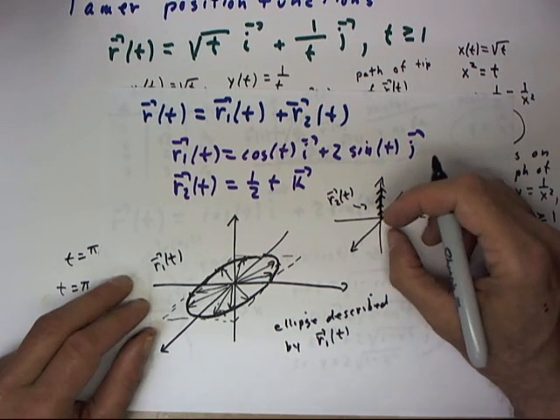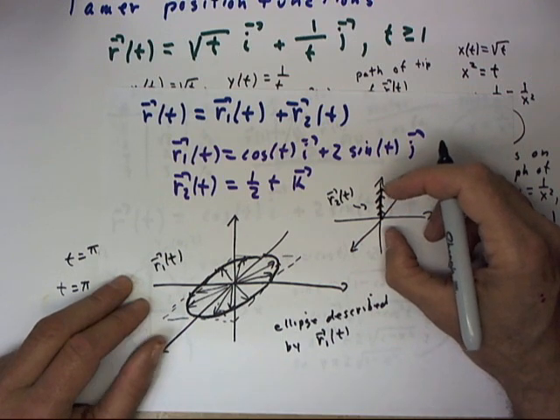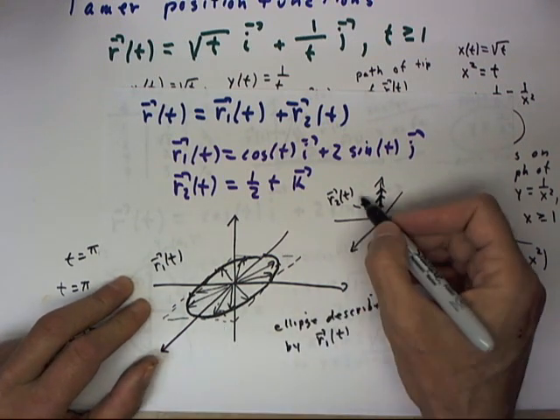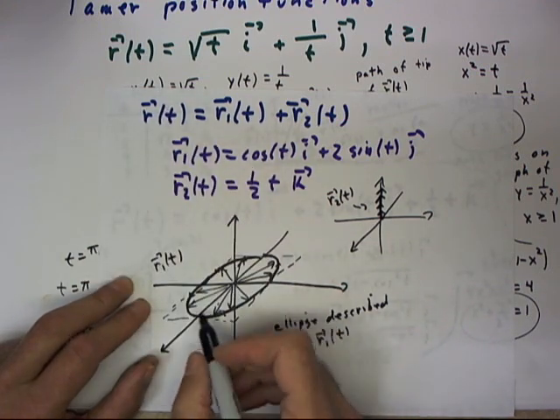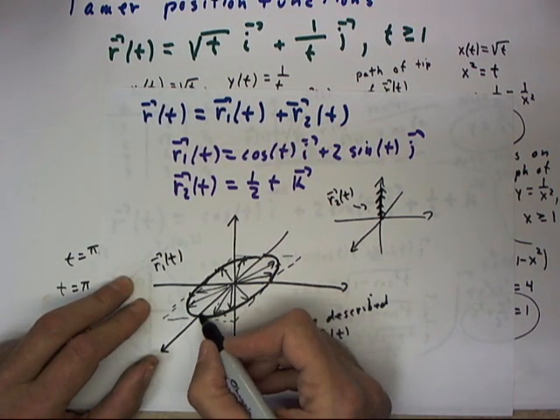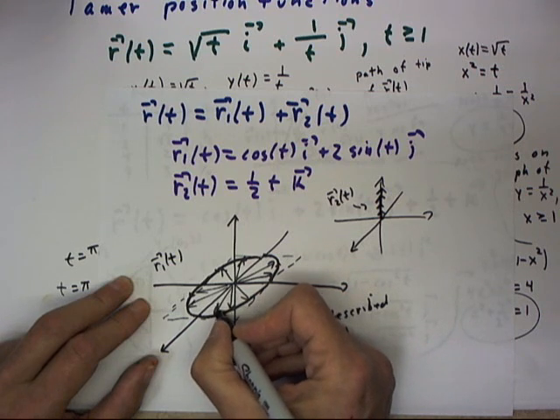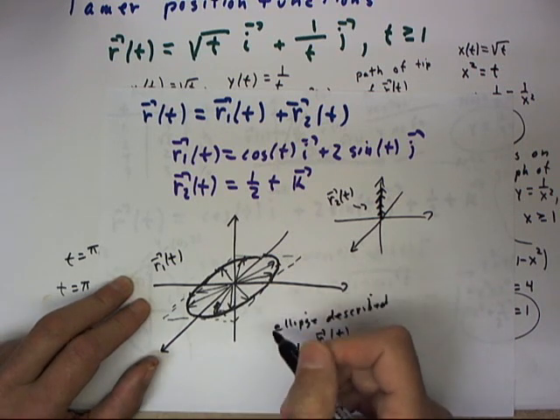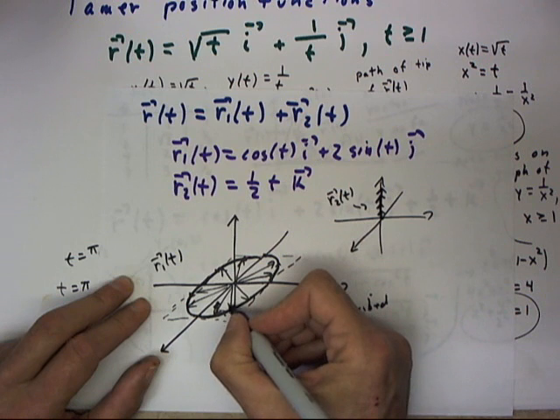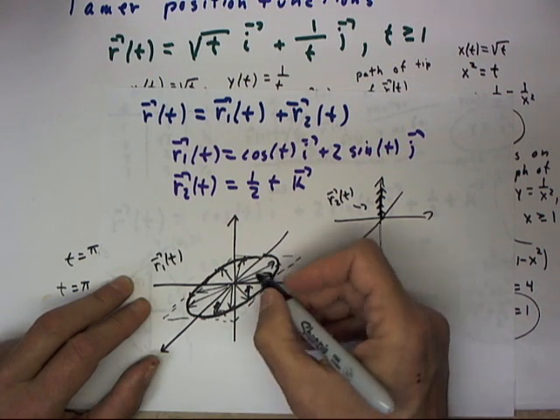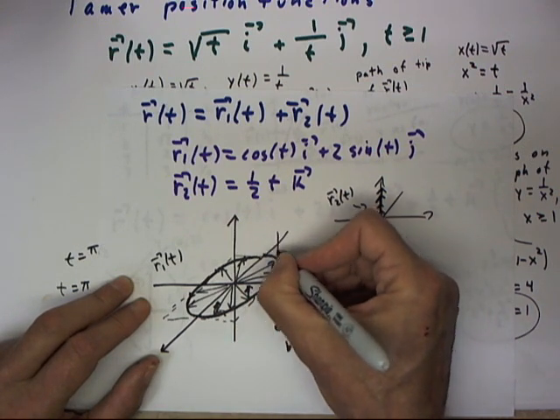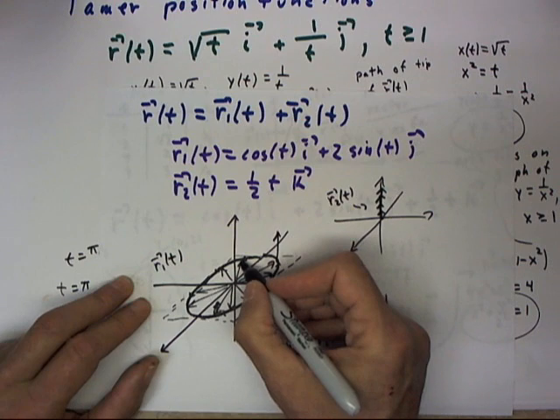What happens if we add these various r2 of t vectors to these r1 of t vectors to get an r of t vector? Well, if we come out here, our r2 of t is a fairly short vector. Come to this point, r2 of t is somewhat bigger. Come around to here, r2 of t is going to be even bigger.